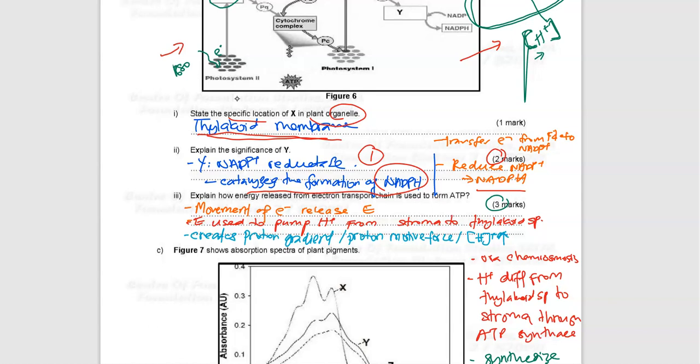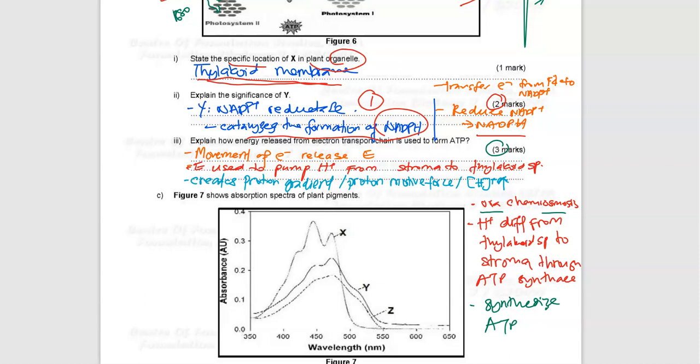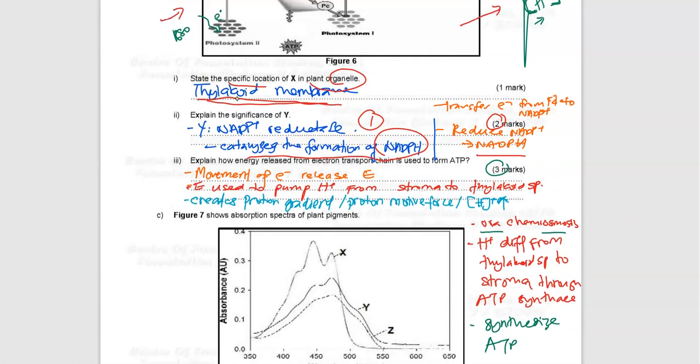So this is important so that this proton motive force, or the high concentration of hydrogen ion, can be used during chemiosmosis, where the proton motive force will be used by ATP synthase to synthesize ATP from the movement of hydrogen ion that diffuses from the thylakoid space back into the stroma through the ATP synthase.